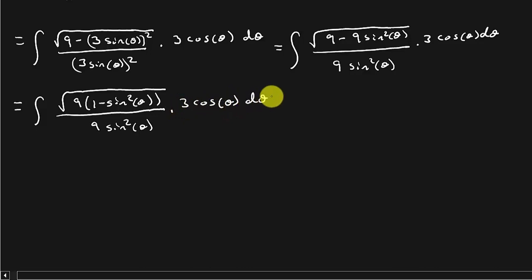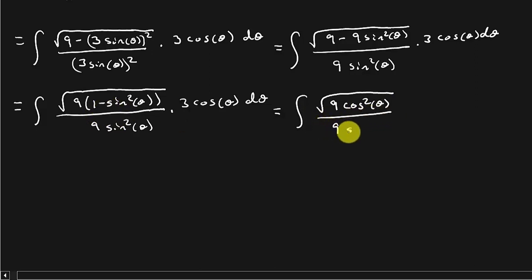So I just factored the 9 out, and look at this. You see 1 minus sine squared? Well, what is 1 minus sine squared? That's cosine squared, right? Because sine squared plus cosine squared is 1. And all I did was solve for cosine squared, and that's 1 minus sine squared.